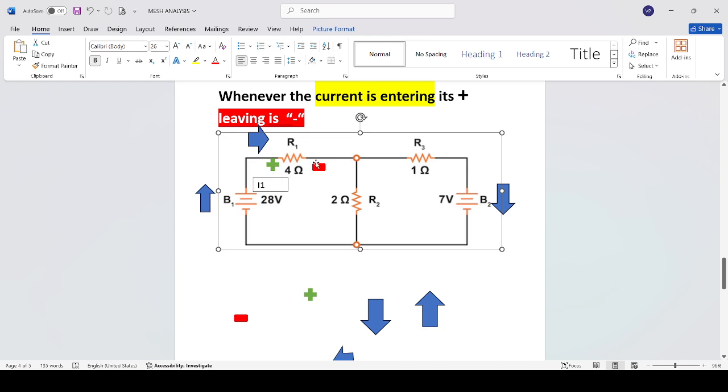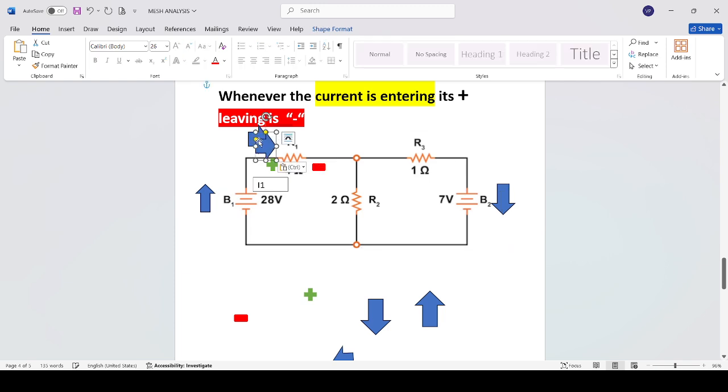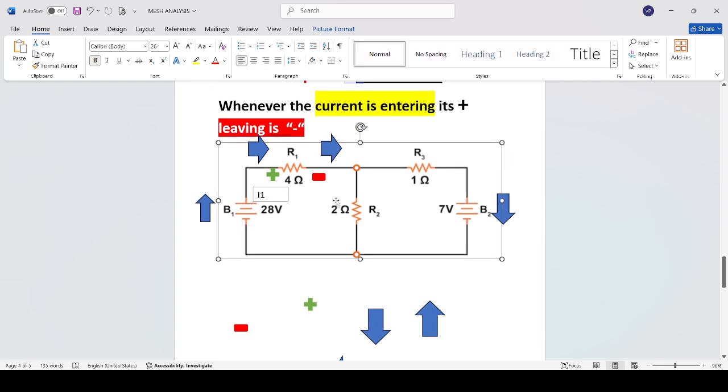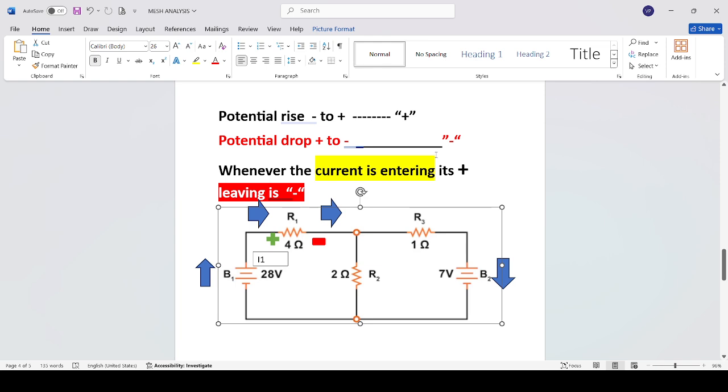When it is leaving, it is negative. Similarly, the current is going here. This is the thing you should remember. Whenever the current is entering into any element, it will be positive. When it is leaving, it is negative. So you should remember all these procedures to solve the mesh analysis problem.